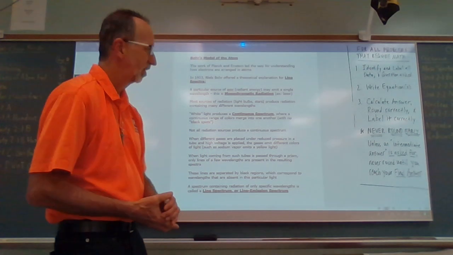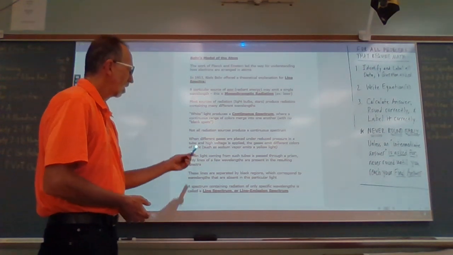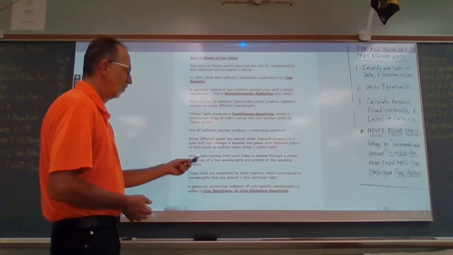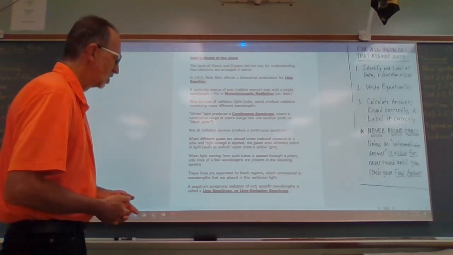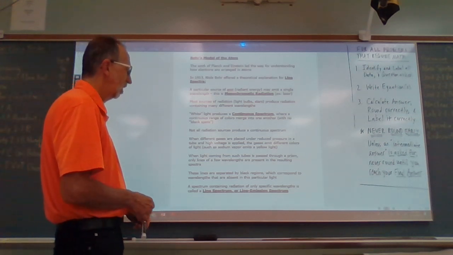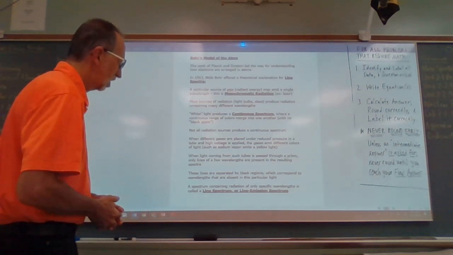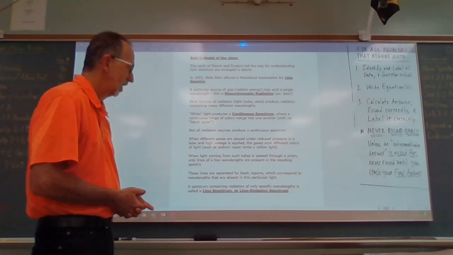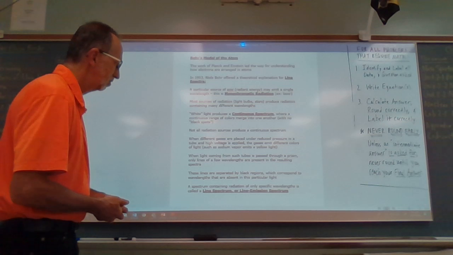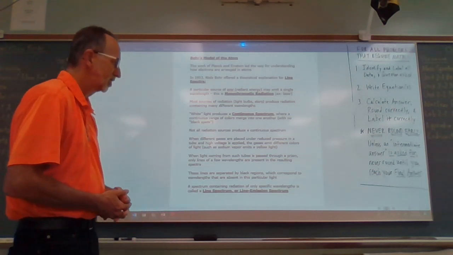All right, it's there. Not all radiation sources produce a continuous spectrum. When different gases are placed under reduced pressure in a tube and high voltage is applied, you're going to see this in our lab on Monday, the gases emit different colors of light, different bands. When light coming from such tubes is passed through a prism, only lines of a few wavelengths are present.